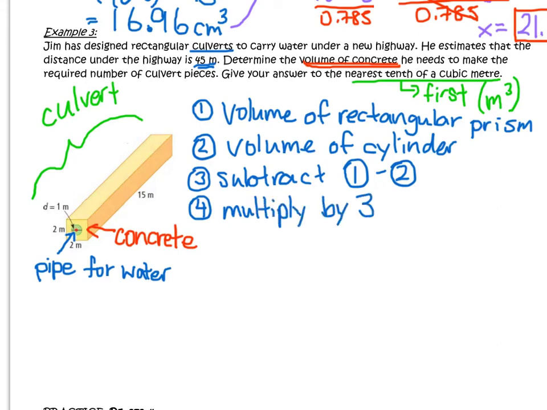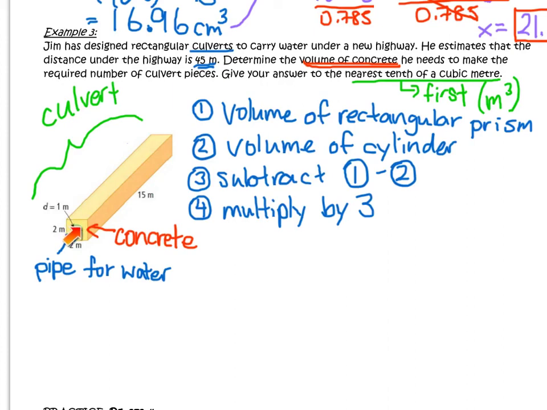So if you don't understand why these are the 4 steps, I'll explain it one more time. We want to figure out the volume of the orange part only, the concrete needed. Well, we can't really do that directly because there's a metal pipe embedded in the middle that's not filled with concrete.